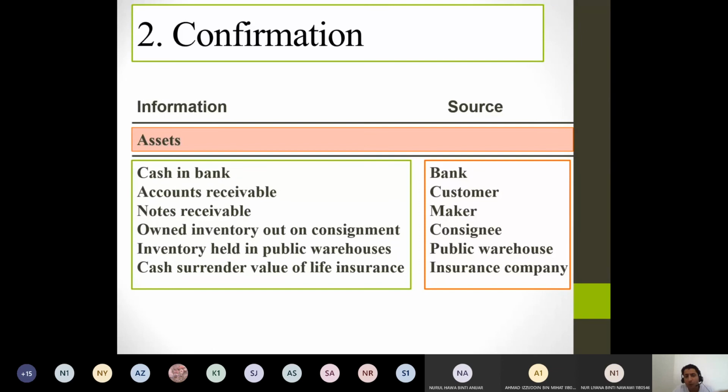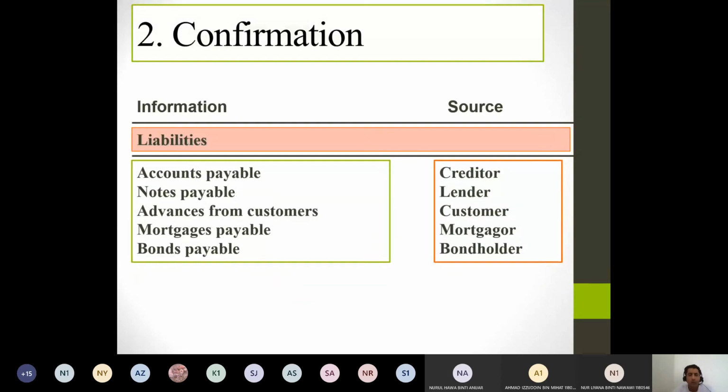For accounts receivable, we need to get a confirmation letter or an oral call from customers. For notes receivable, we need to check the maker of the note receivable, which normally is stated in the notes.